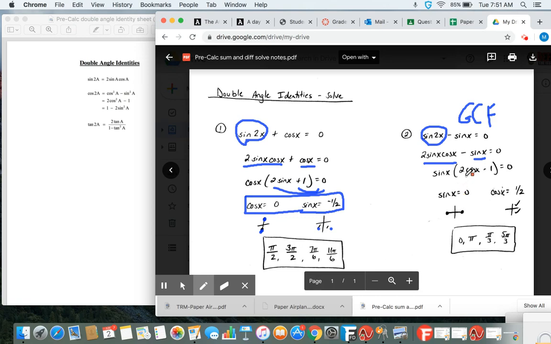We solve for each, and then it's which two angles have a y value of 0. Well, y is 0 on the x-axis, so it's 0 and pi. Which two angles have a positive x value of 1/2? That would be pi over 3 in quadrant 1 and 5 pi over 3 in quadrant 4.